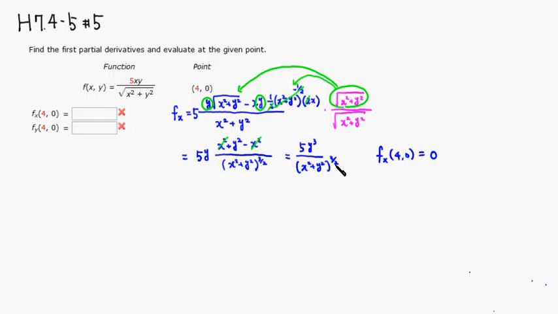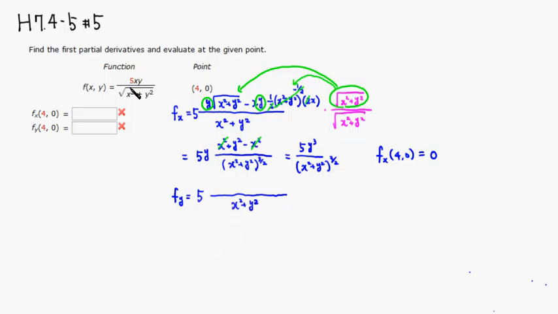So let's look at the partial with respect to y. Put 5 in front. Same quotient rule. Square the bottom, so x squared plus y squared.